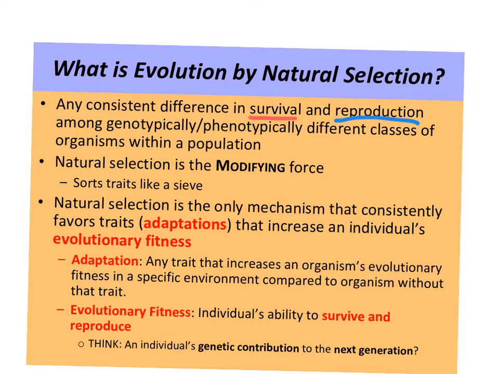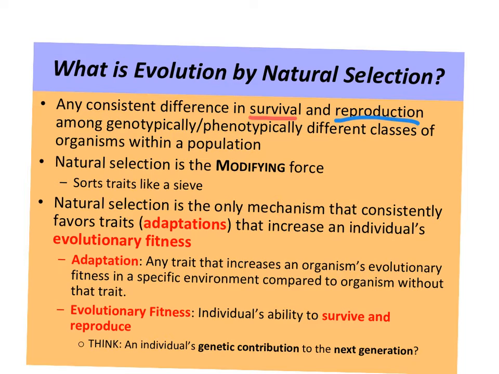If one of them comes along and gets a mutation that gives that individual's offspring a leg up, then they're going to leave more offspring. And eventually the population is going to change and be composed of those individuals.